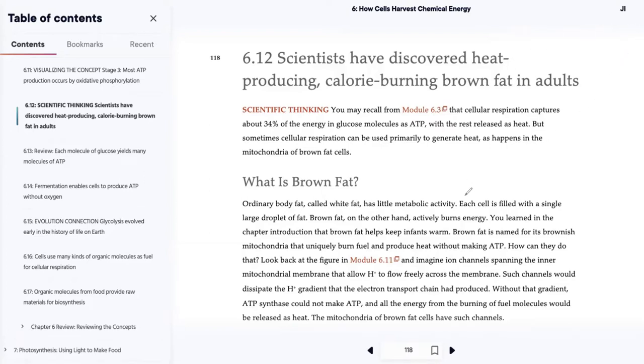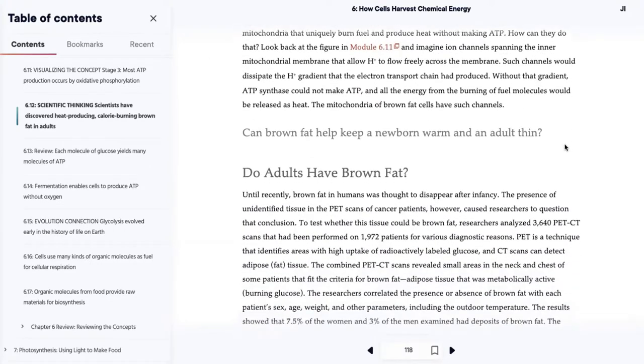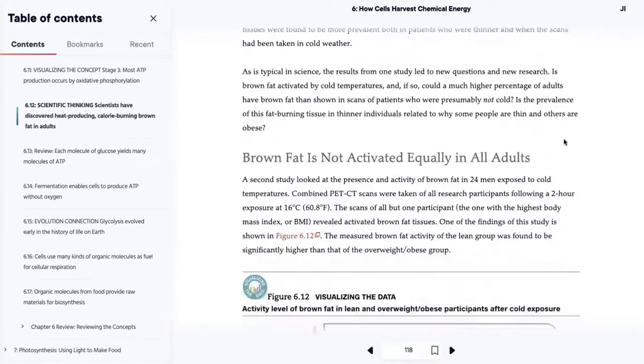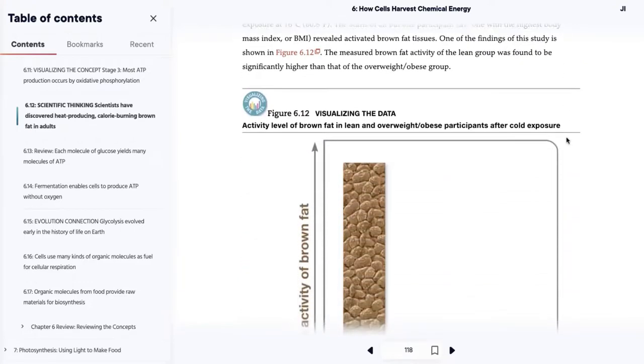Brown fat is kind of special, right? And so if you read through this, it actually gives you a lot more detail that relies on your understanding of what's going on in chapter 6.